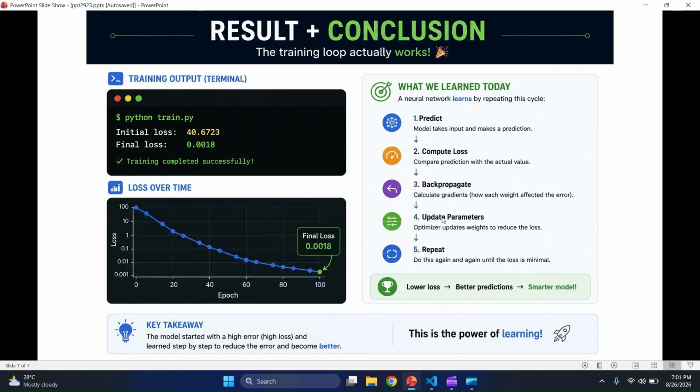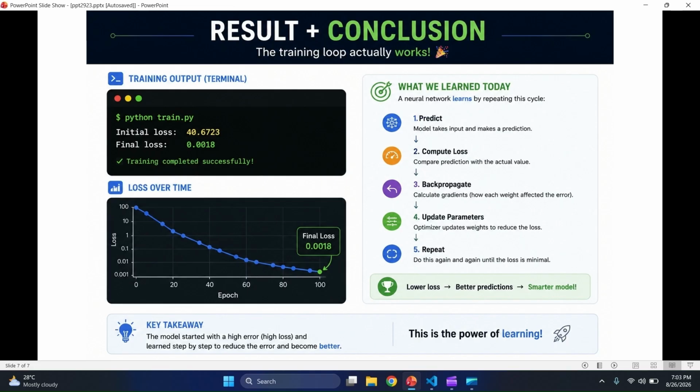Then we repeat the process again and again. So the basic learning loop is predict, calculate the loss, backpropagate, update the parameters, and repeat again and again.